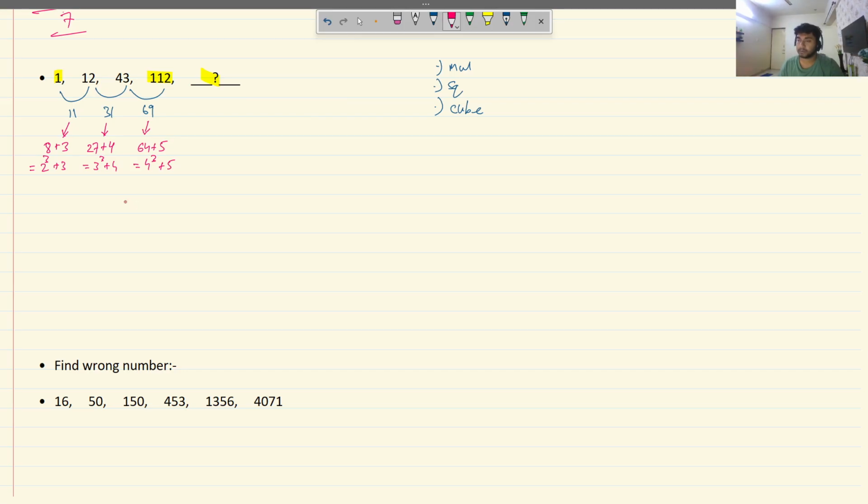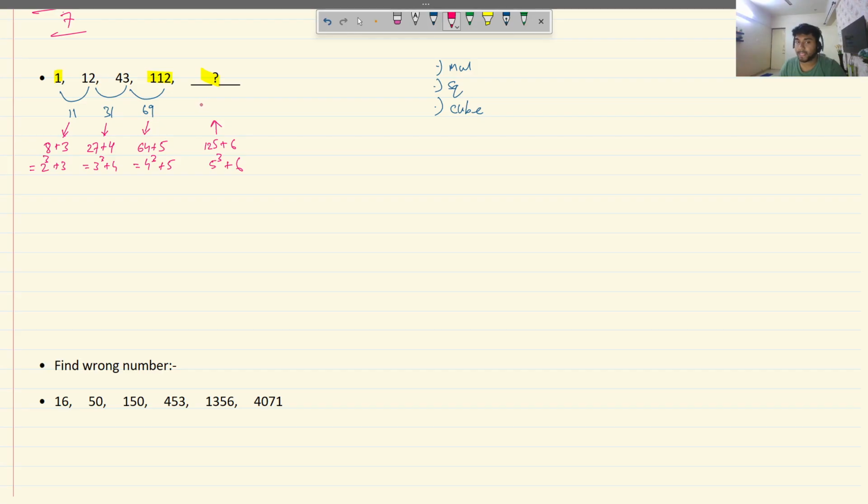Okay, so the pattern is the number in the cube increases by 1, as well as the number in the addition keeps increasing by 1. So the next term, after 2 cube, 3 cube, 4 cube, it should be 5 cube plus 6. 5 cube is 125 plus 6.